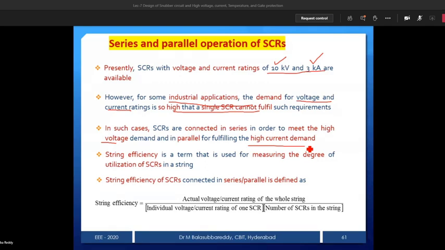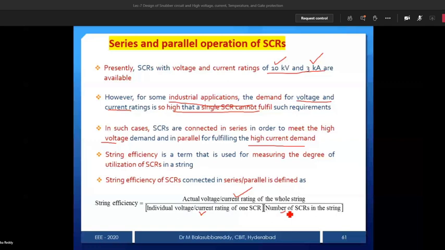Same formula, if SCRs are connected in parallel: the actual current rating of the whole string divided by the individual current rating of one SCR times the number of SCRs connected in the string. So the only thing is, if we want to find string efficiency when SCRs are connected in series, use the voltage rating, and when SCRs are connected in parallel, use the current rating.